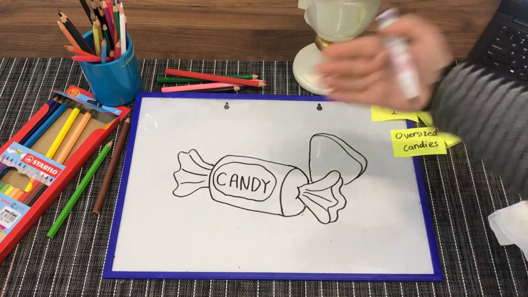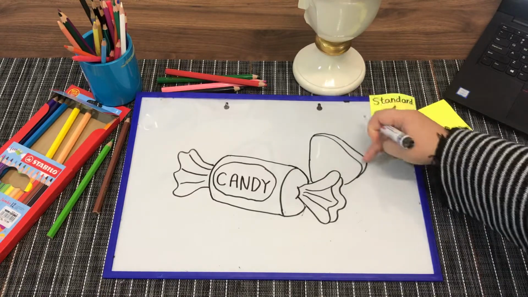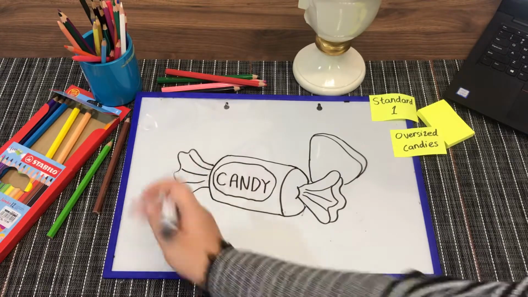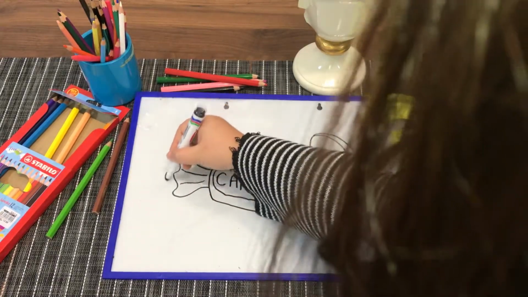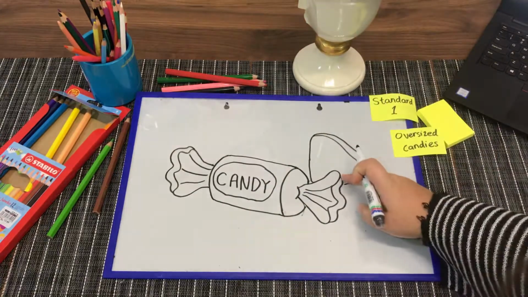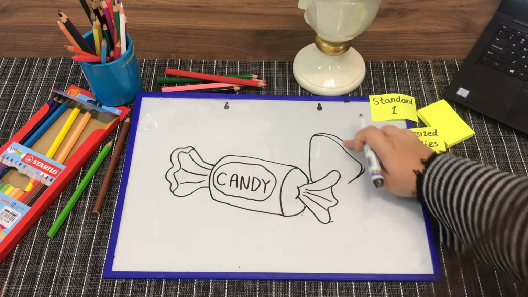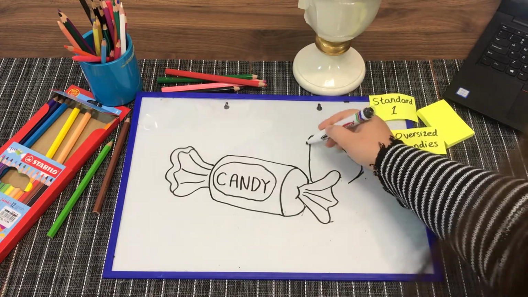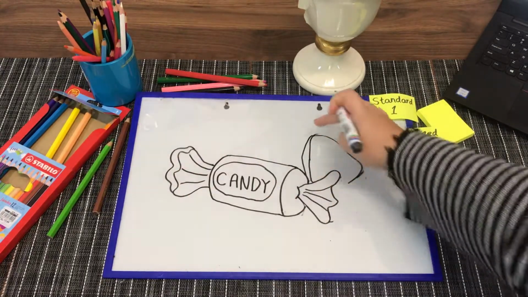So let's say you want to look at your candy from this side, you have to make the extra shape from this side. If you put the extra shapes over here, you have to rub off this one, and this one you need to change to the other side, because your eye view is from here.